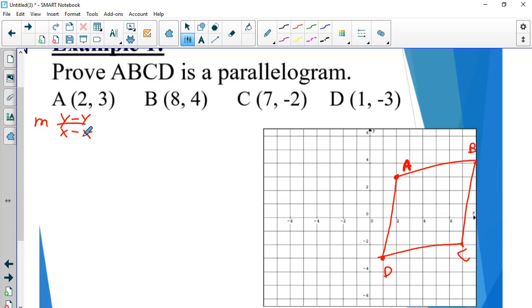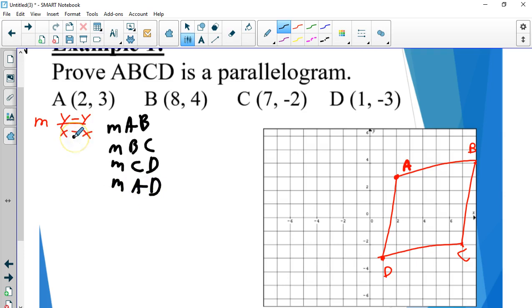So you can actually do that 4 times and find the slope of AB, BC, CD, and AD. Mathematically, you can do that. But the other nice thing is, when you have the points on the graph, you can save time and just count the slope. So you can do the slope of AB, the slope of BC, the slope of CD, and the slope of AD, or DA, however you want to look at it.